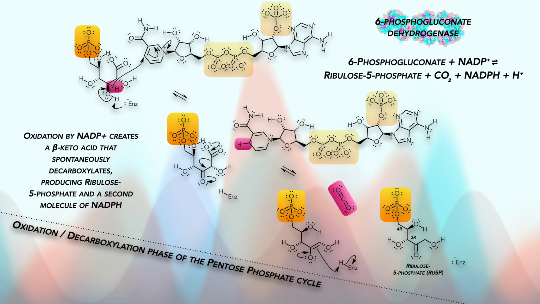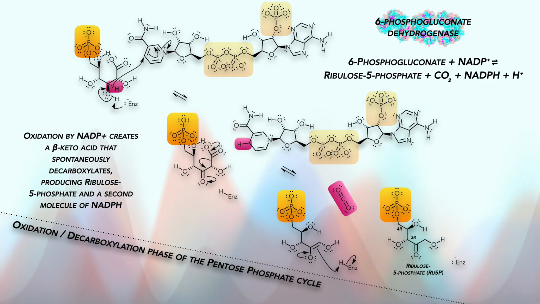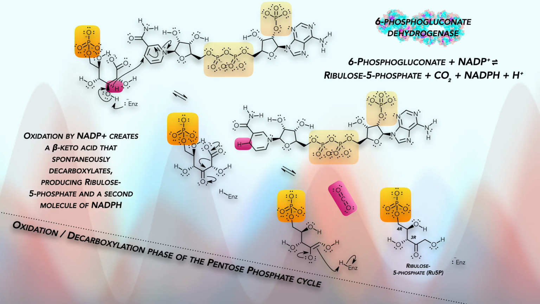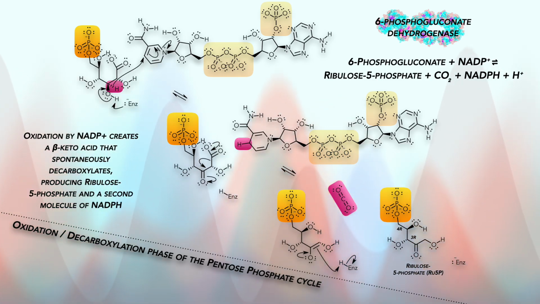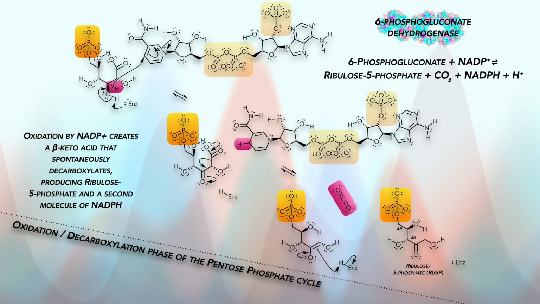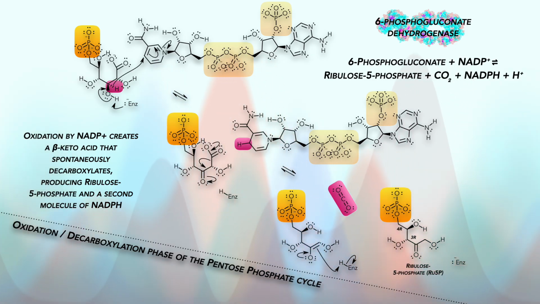The reductive pathway consumes NADPH to build carbohydrate, while the oxidative pathway oxidizes carbohydrate to generate NADPH and pentose phosphates. The pentose phosphate pathway is not one rigid sequence. It is a reversible carbon rearrangement network connected to two directional redox molecules.